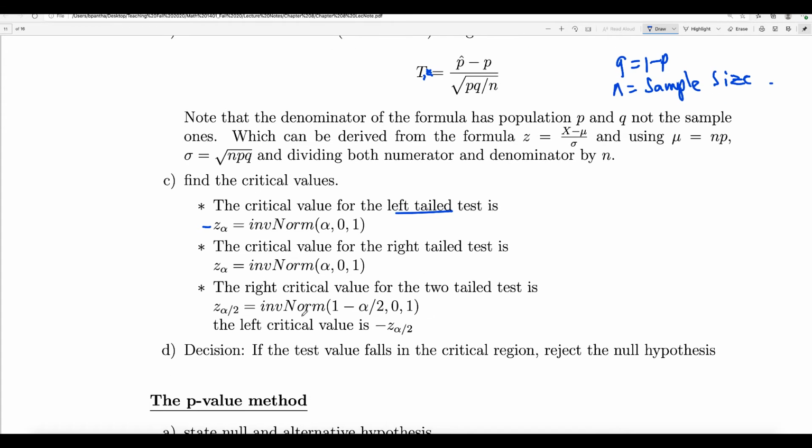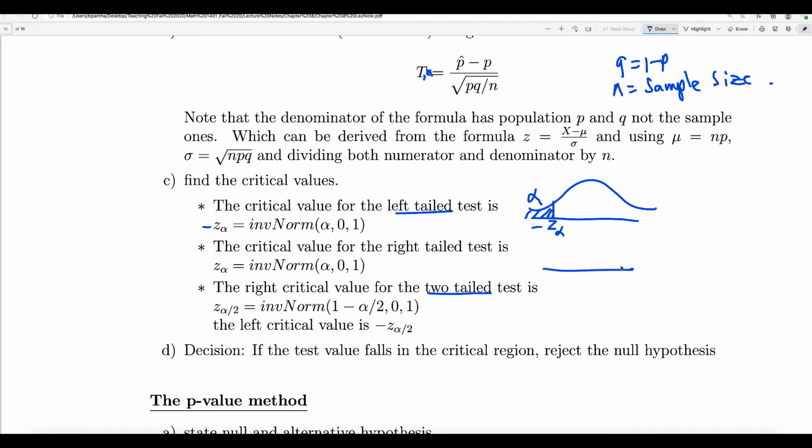For the two tail test, you divide alpha in half. Let me make the figure for that. This is the left tail test. Alpha is on the left, and you need to find negative Z alpha.